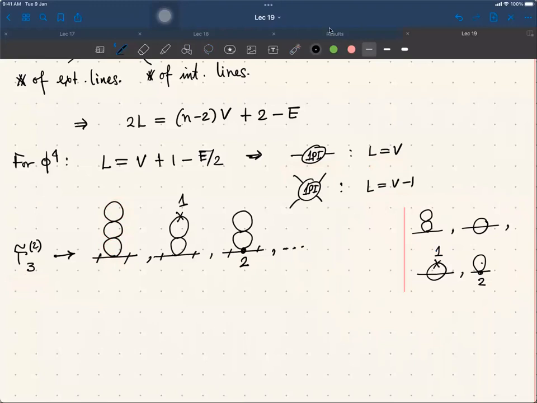For gamma tilde 4 at lambda cube, in this case, at the lower level we had only one diagram, and so we have to find more loops on that.